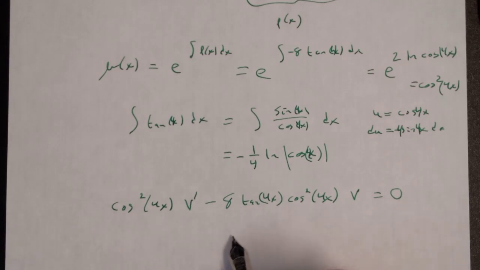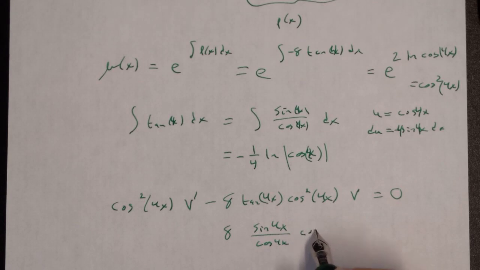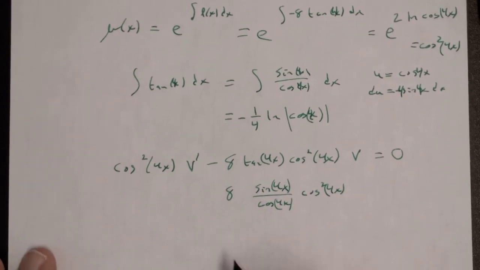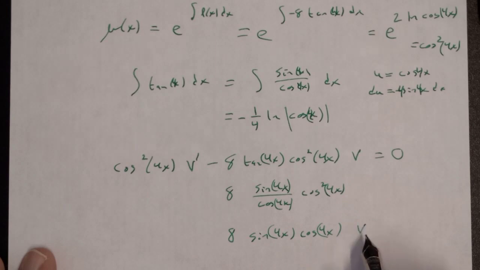That means this is going to be 8 sine 4x over cosine 4x times cosine squared 4x, which is going to give me 8 sine 4x cosine 4x v, and cosine squared 4x v prime.